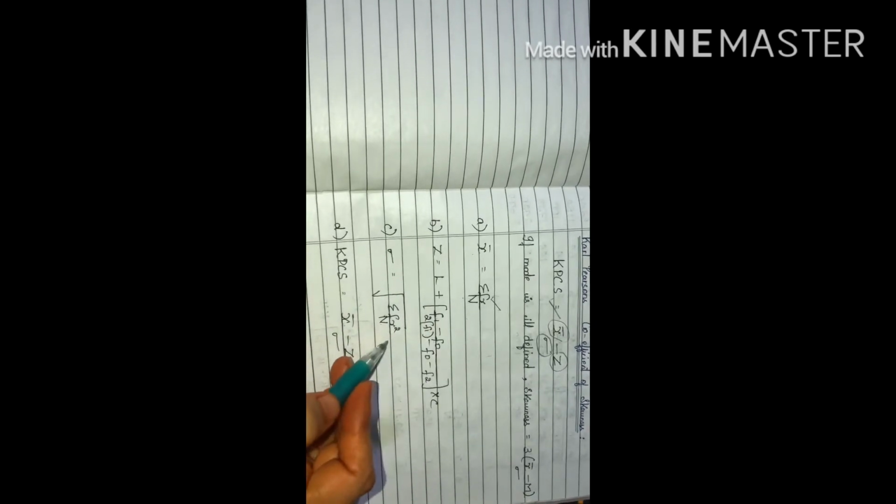The third step is identifying standard deviation. The formula is root of sigma fx square divided by n. Last step is KPCS, Karl Pearson's coefficient of skewness, mean minus mode divided by standard deviation, applying the values you have identified.